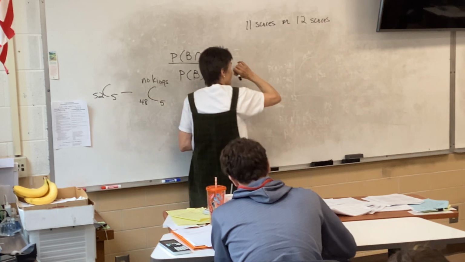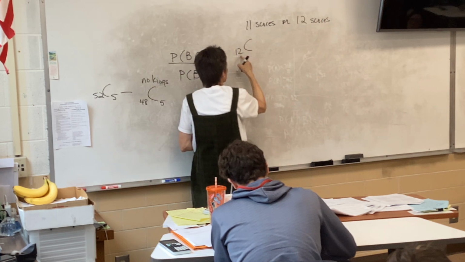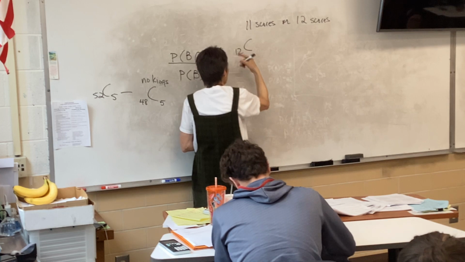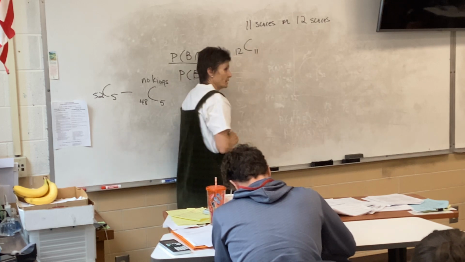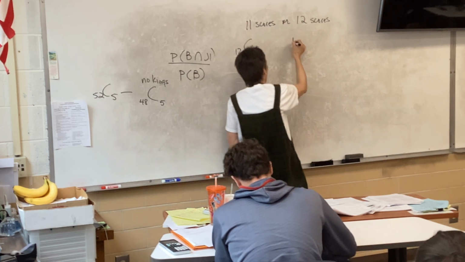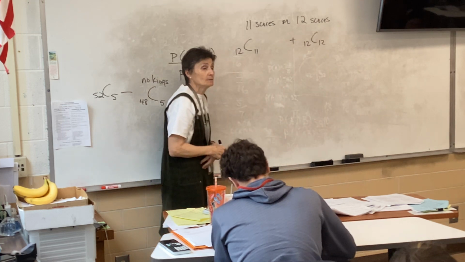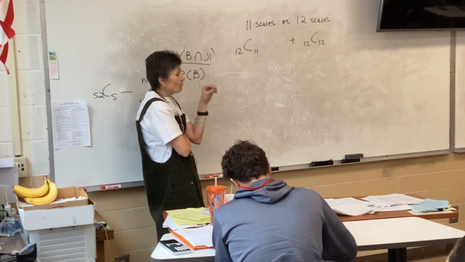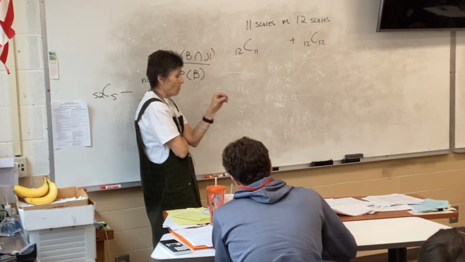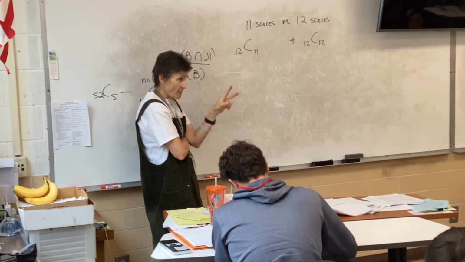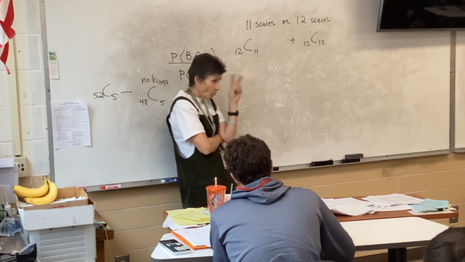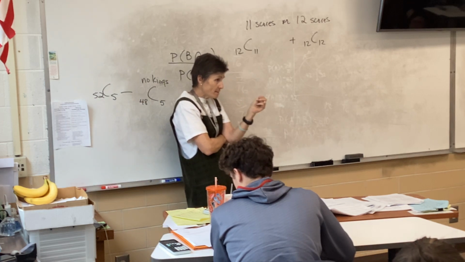Okay, that's easy. So 12 possibilities, he's going to score on 11 of them, or 12 possibilities and he scores on every one of them. Now, every time he serves the ball, one of two things is going to happen. He's going to score or he isn't, right?